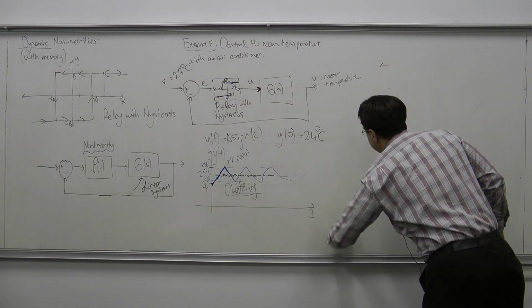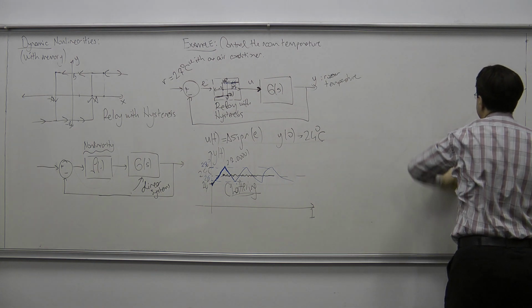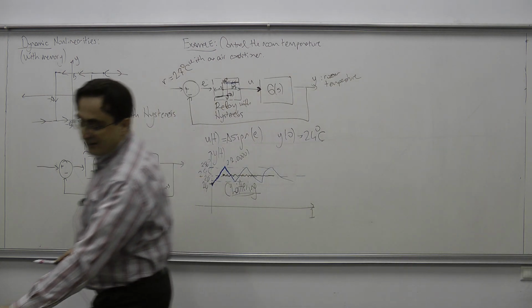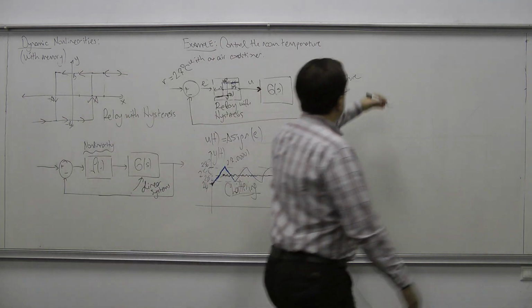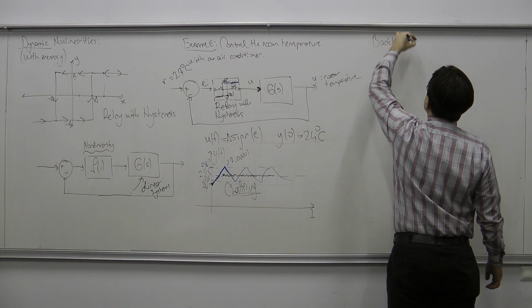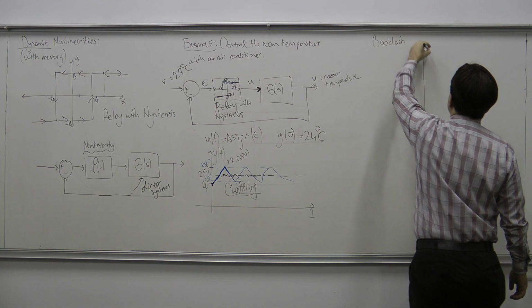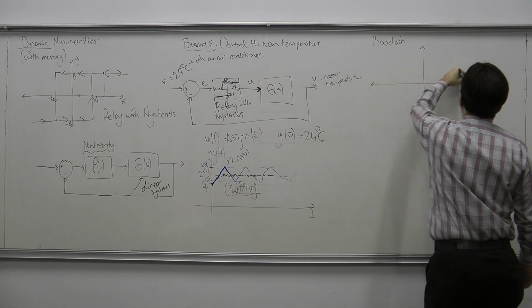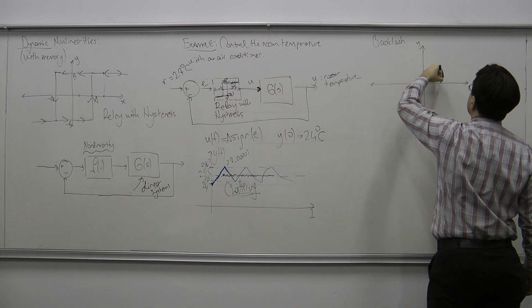So let me look at a second type of nonlinearity that is called a backlash. Backlash type of nonlinearity would have this type of behavior. I have x and y.